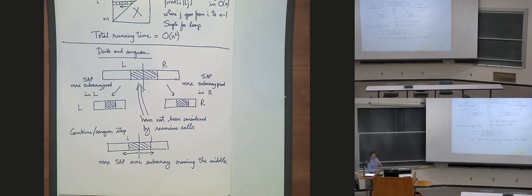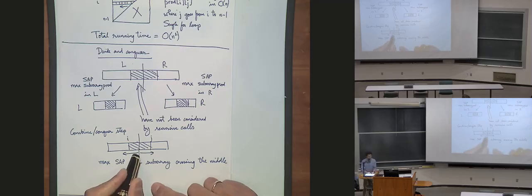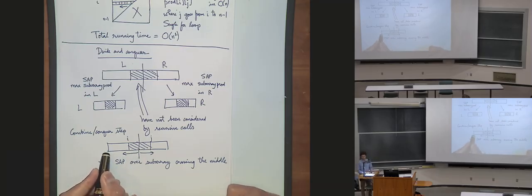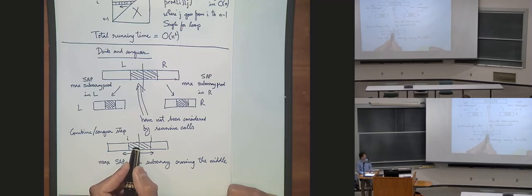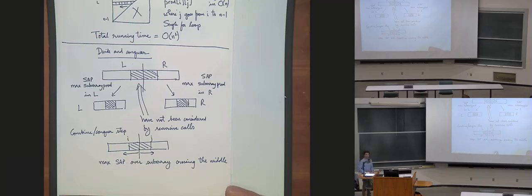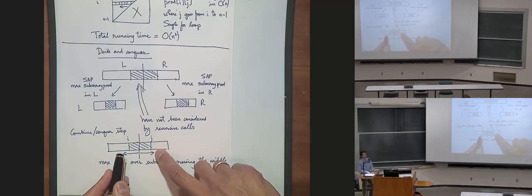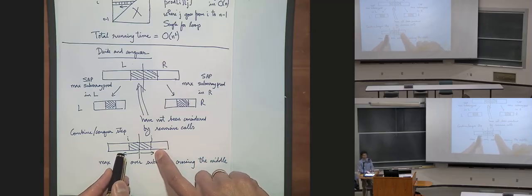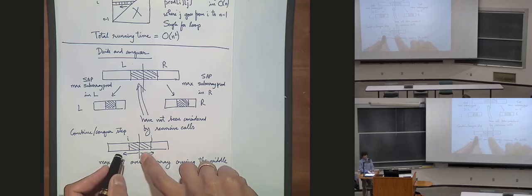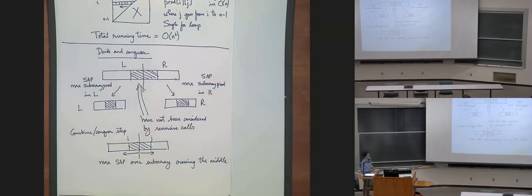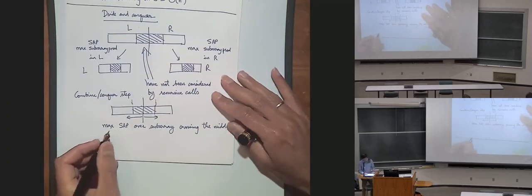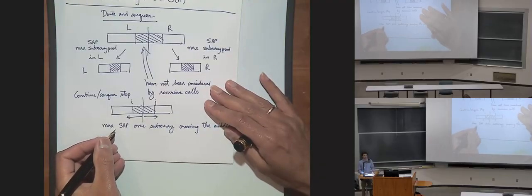Okay, so I'll say this, then I'll write it. So you compute the max positive of this kind, and the max positive of this kind. And so if you look at the max that crosses the middle, let's just say that max was ij, right?